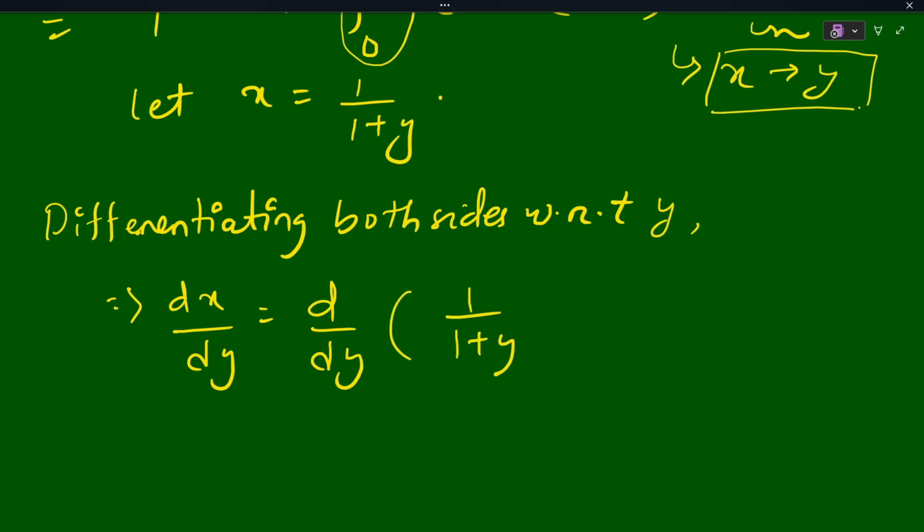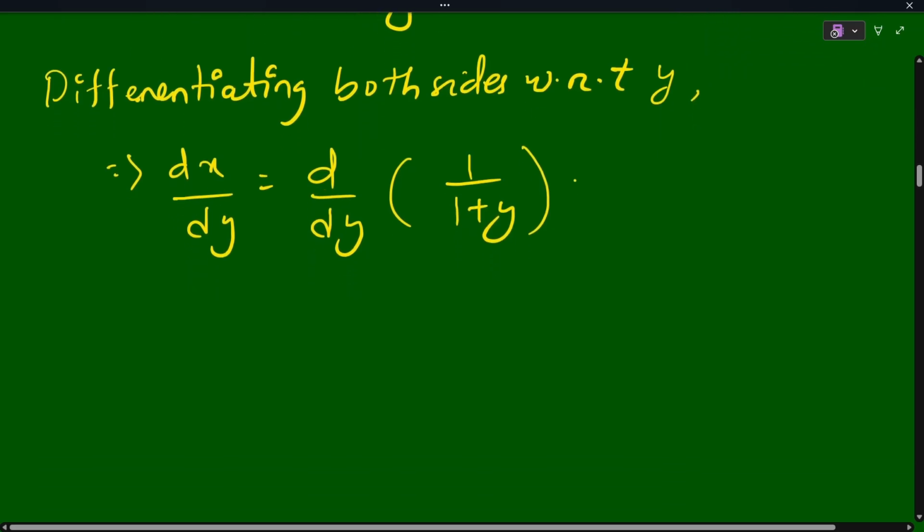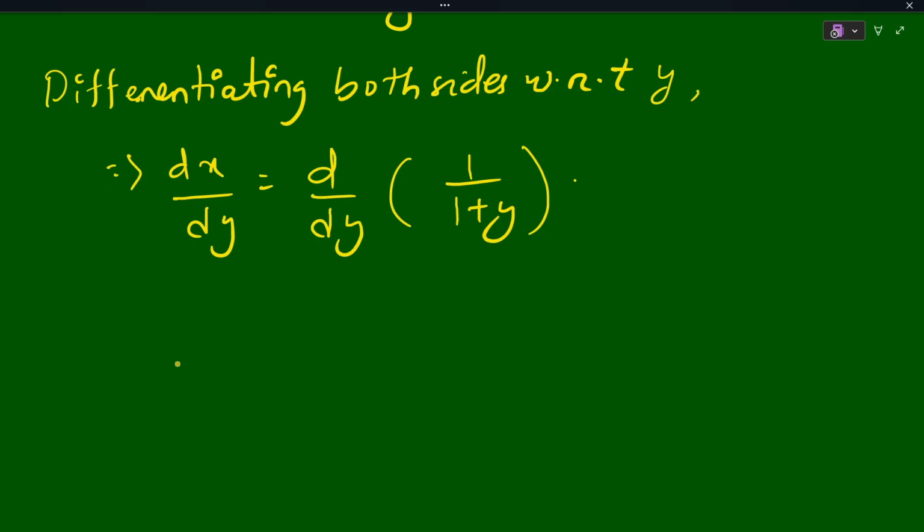Now how to derive this? If you want to use the u by v formula, then it is good, or else you can take this 1+y to the numerator part and then find the derivative. I suggest you use the standard formula, so we will use the u by v format.